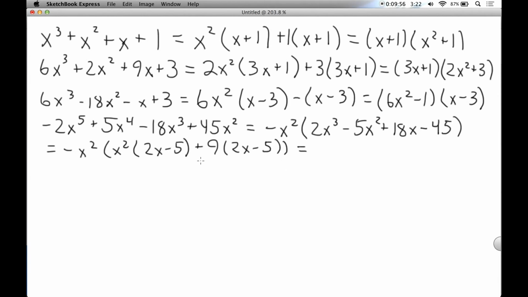So now from here, we still have this negative x squared sitting on the outside. And now look inside this parentheses and see that we can have a group 2x minus 5 multiplying by an x squared and a 9, so that's going to be x squared plus 9.